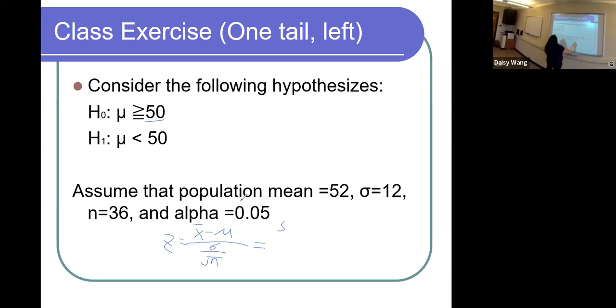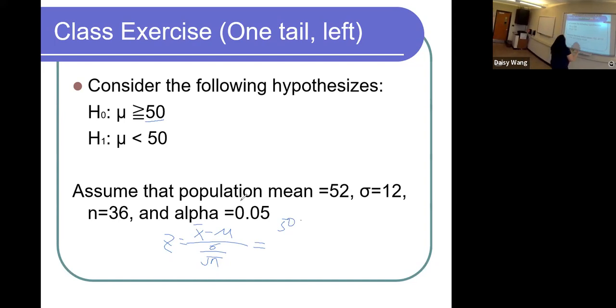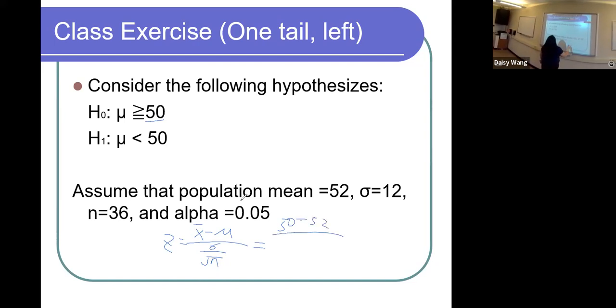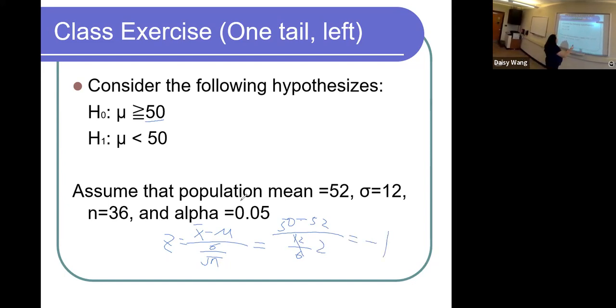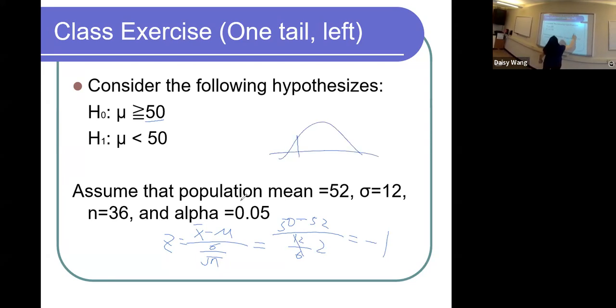So we should do -1.6. The critical value is 5%.